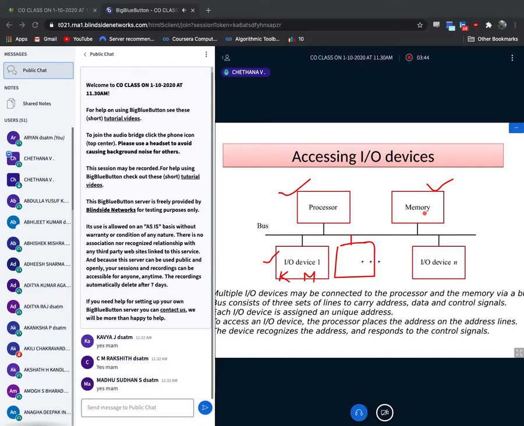Whenever we interact with the processor or memory, I require one bus, one channel. Whatever I type through the keyboard, say I type A, this A data will be passed through this bus.